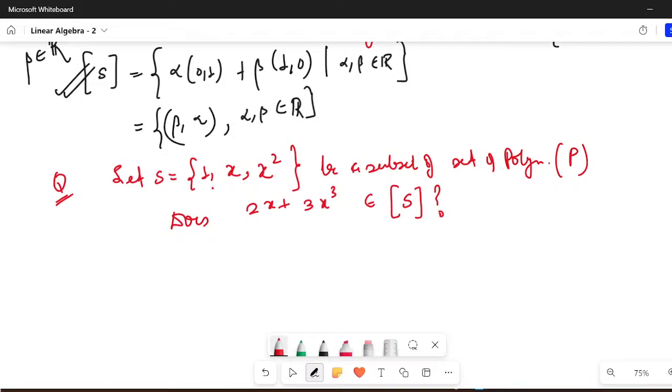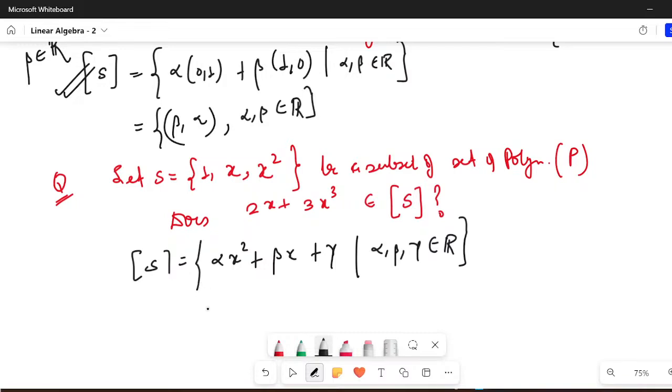So clearly, if this is the set S, then the linear span of S would be equal to alpha x square plus beta x plus gamma, where alpha, beta and gamma belong to R. Do you really think that alpha x square plus beta x plus gamma can generate 2x plus 3x cube? Can there be a power of x cube? No, not at all.